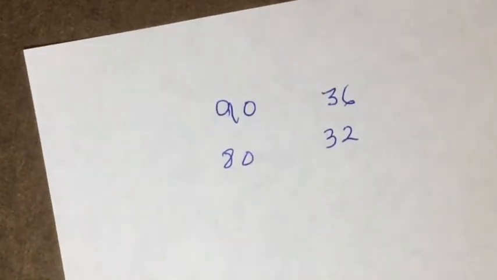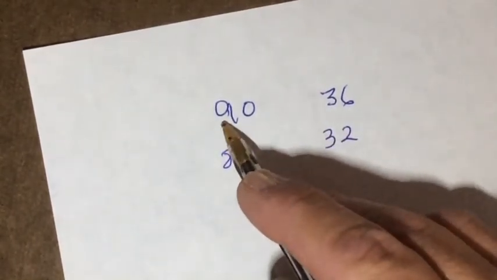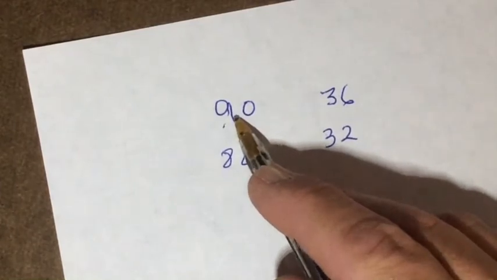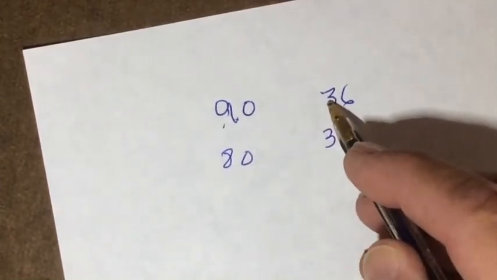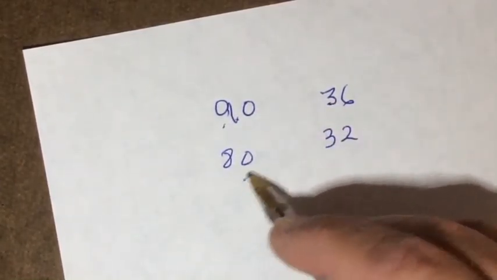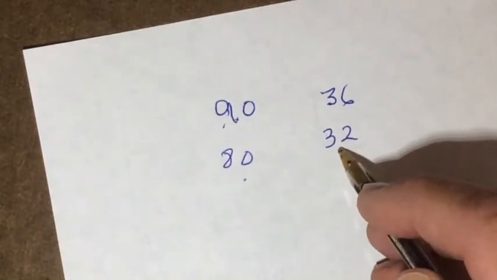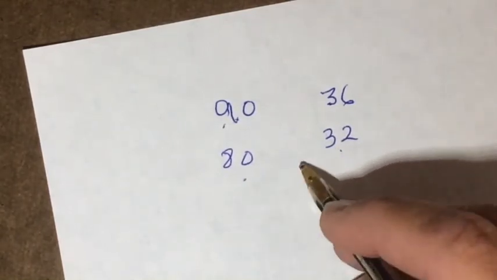The next question had to do with 2 3-dimensional shapes. These were edge lengths. One was 90 on one of them, and the corresponding one was 36 on the other. 80 and 32 corresponding.